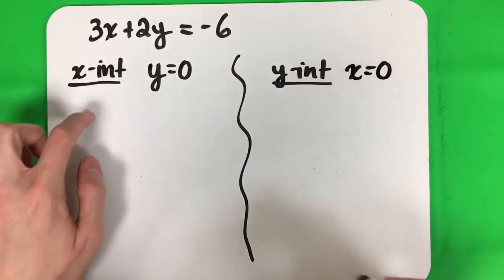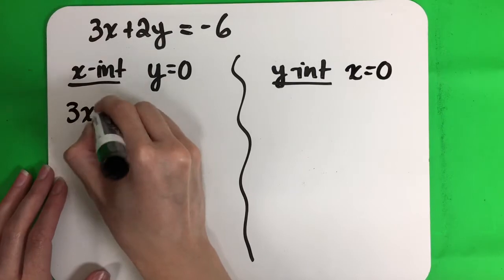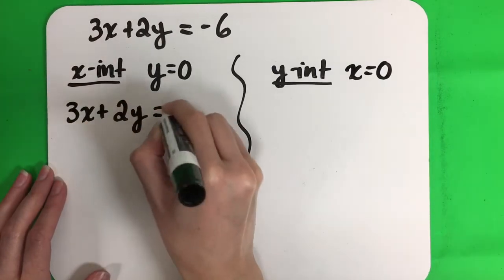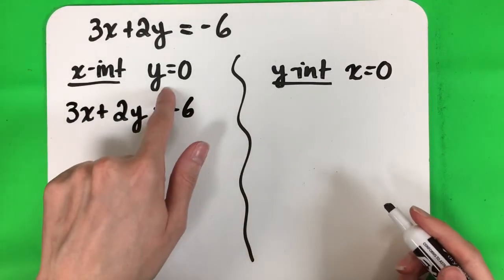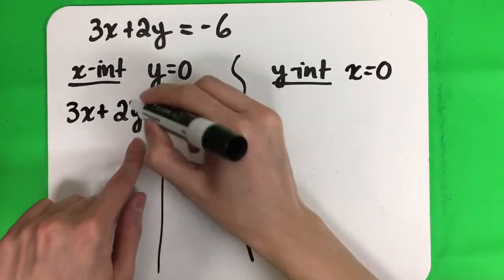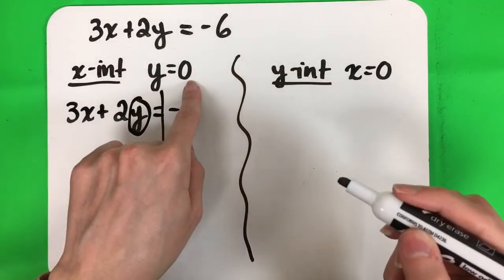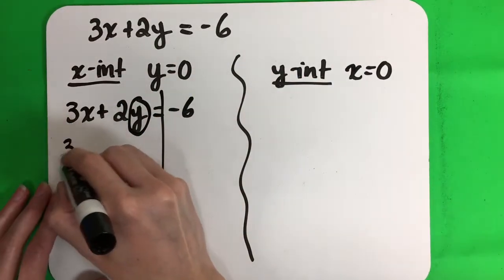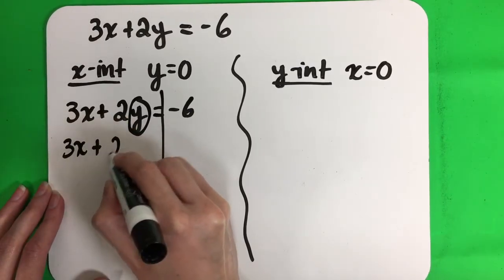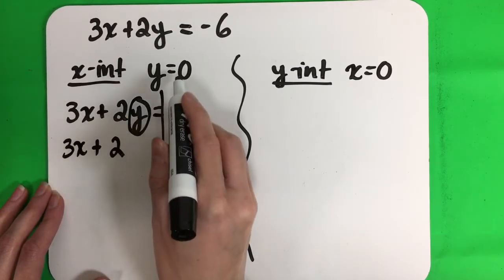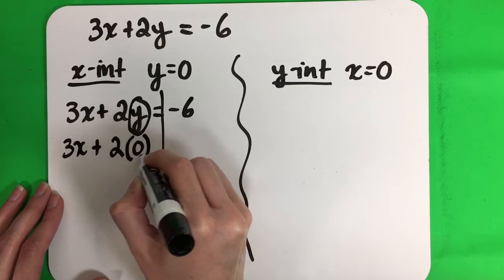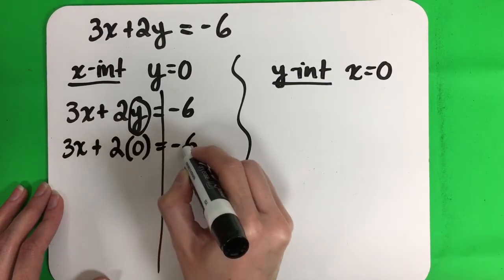So I'm going to copy this equation, and y is 0. So where I see y, I'm going to put 0. So 3x plus 2, no y, it's 0, in parentheses, equals negative 6.